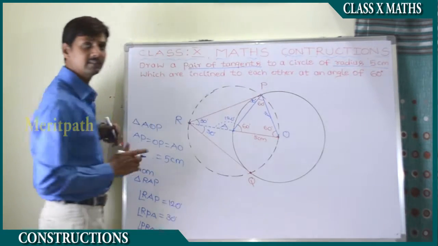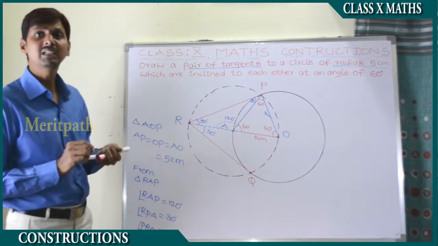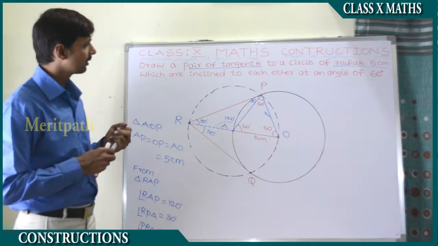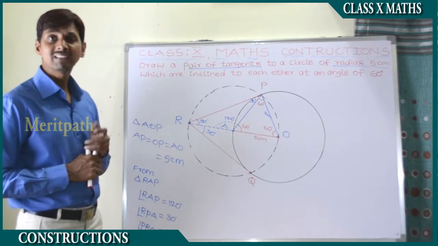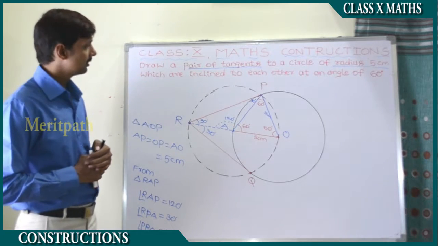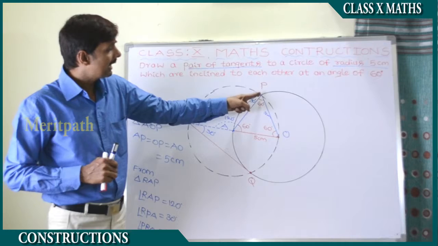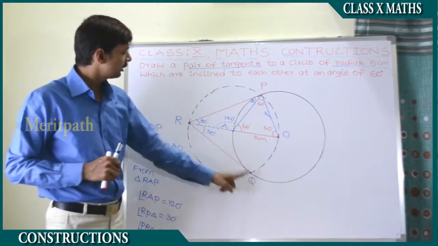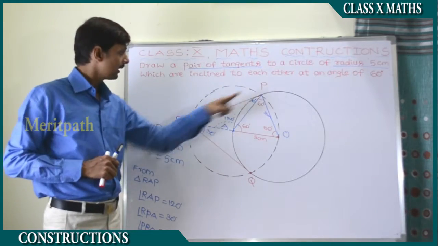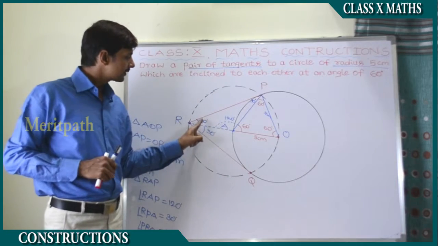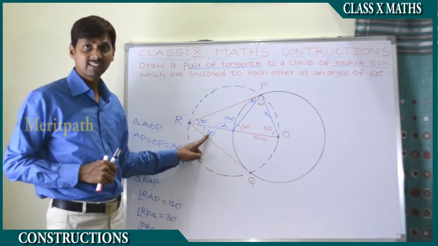PRO, this is 30 degrees, and then we can understand from here that the angles made with the tangents to the circle is PRQ, this angle is formed. PRQ is 30 plus 30, it's 60 degrees.